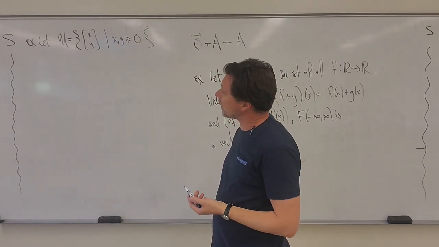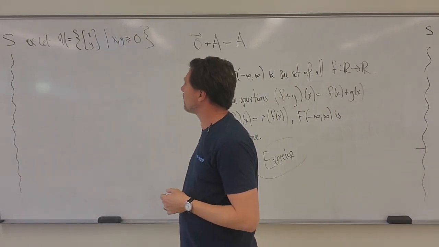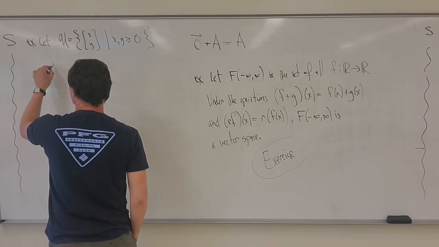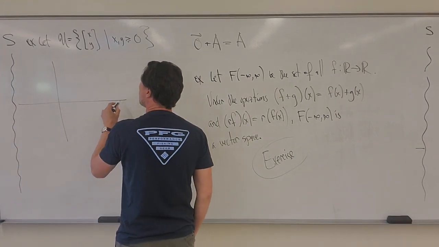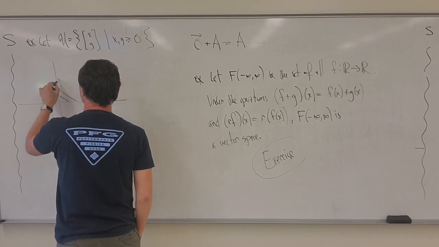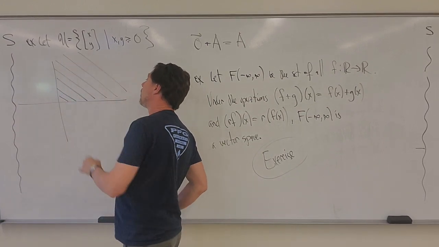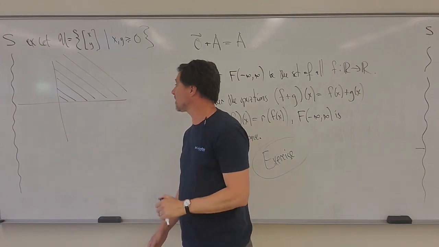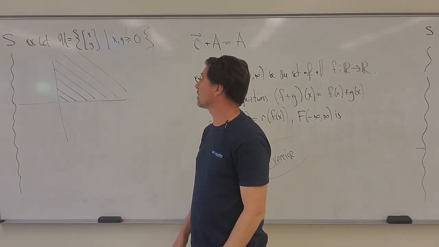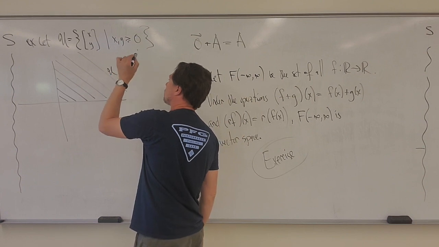So notice in this case, U is a subset of R2. In fact, we can draw a picture. U is the first quadrant, including both the positive x-axis and positive y-axis. So here's a picture of script U.